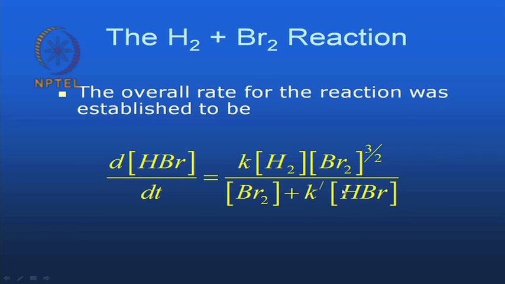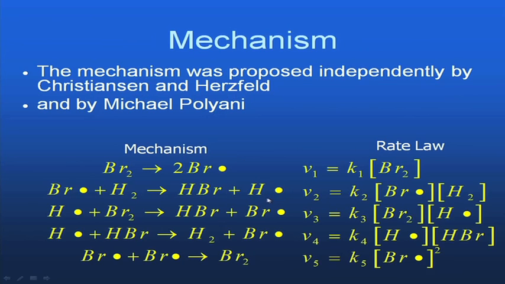So, if HBr increases, the rate of production of HBr will be reduced. This can be regarded as the step responsible for the inhibition, or it is acting as an inhibitor for the process.